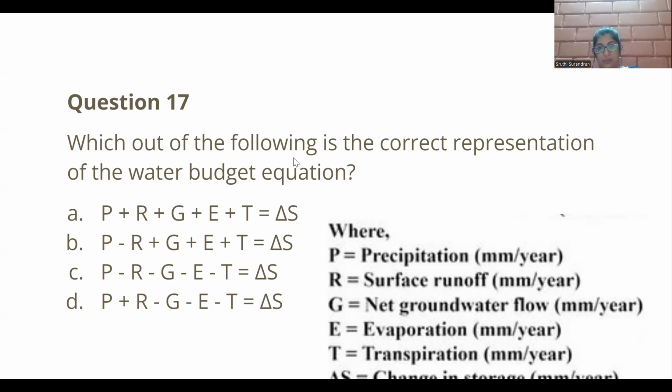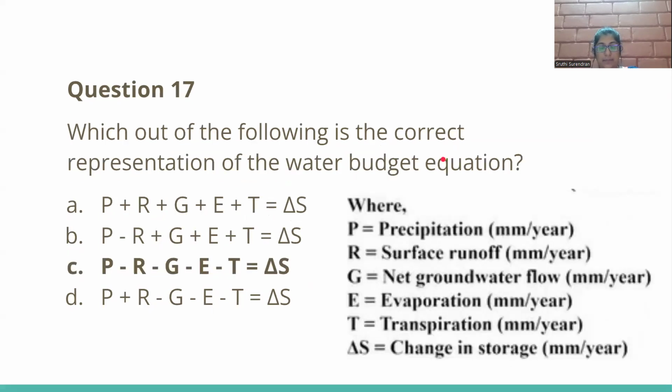Okay, let's move on to the explanation for this. Here we see that the correct answer is C. Why? Because precipitation is an inflow component and all of the remaining are outflow components. Surface runoff is the movement of water from its starting point to an end point. Groundwater flow also, from wherever groundwater is stored, it is going away. Evaporation also, from wherever water is stored, it is going back to the atmosphere. Transpiration as well. So all these four components are outflow components.